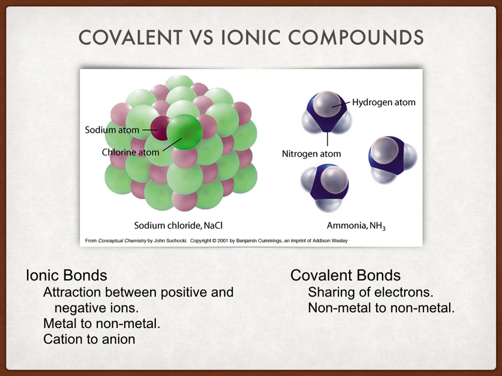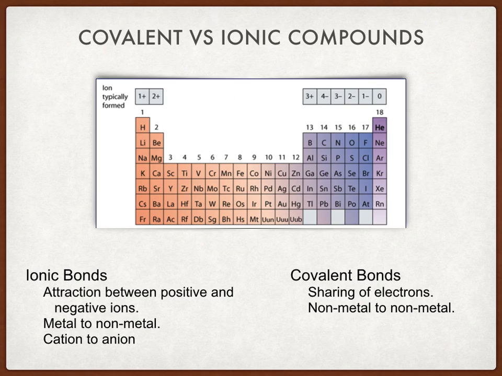So that's 3 short of 8. That is why when it binds to hydrogen, it binds to 3 hydrogens. Hydrogen will share its 3 electrons, giving nitrogen 8, and nitrogen will share one of its electrons with each hydrogen, giving each hydrogen atom 2 electrons. So everybody's happy.